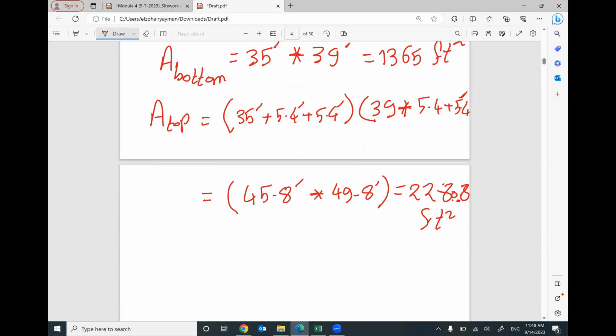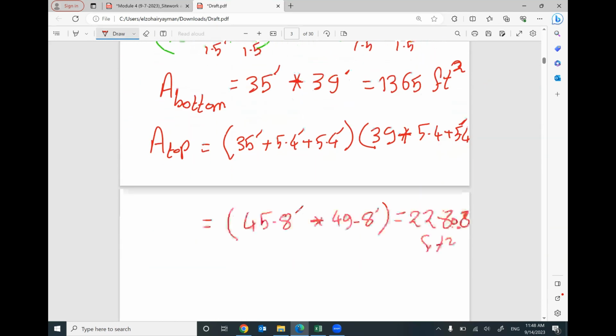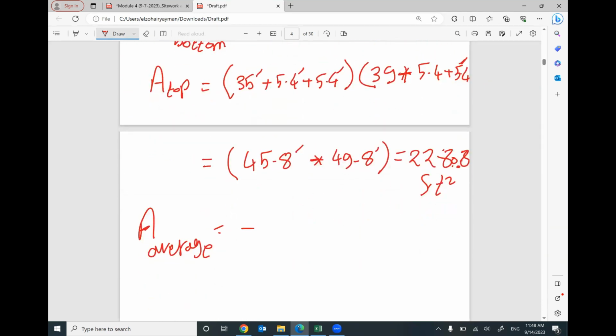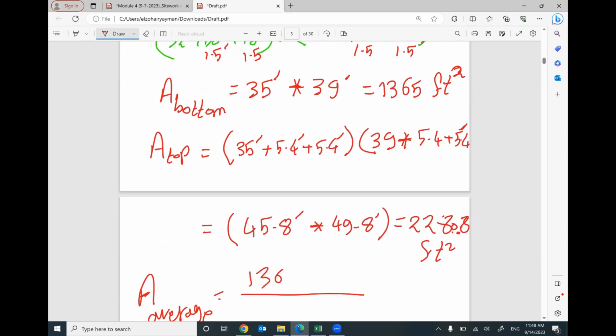I need the average area. As you know, I will use the average area in between. The average area will be this one plus this one divided by 2. The bottom area, 1,365, plus the top area, divided by 2.